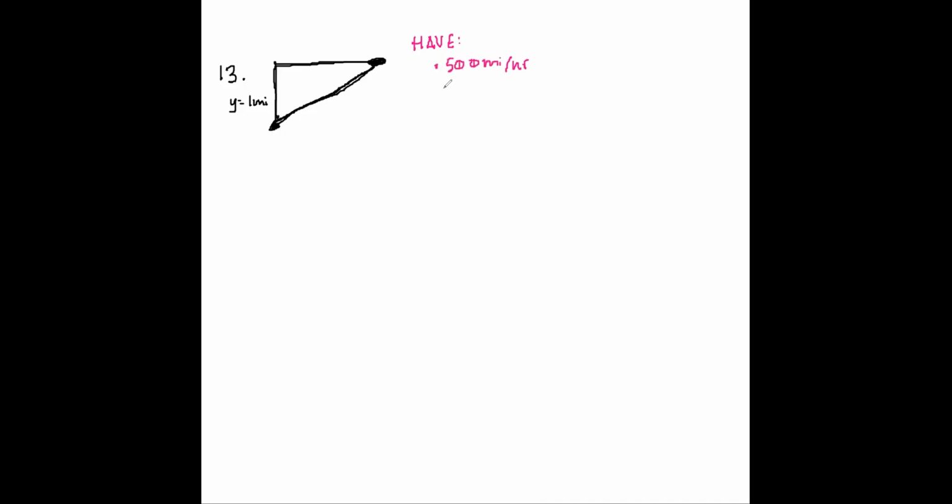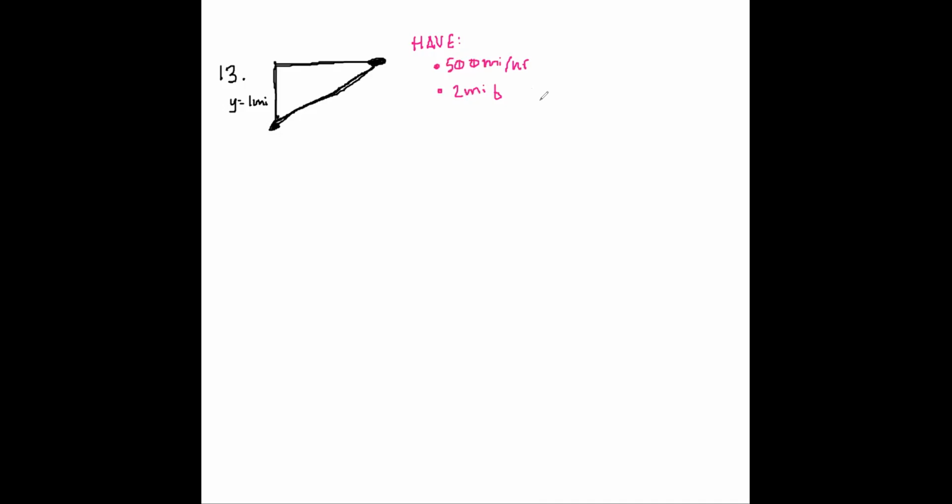What else do I have? I guess part of what we want to find is when it is 2 miles from the station. Is that actual distance or horizontal distance?